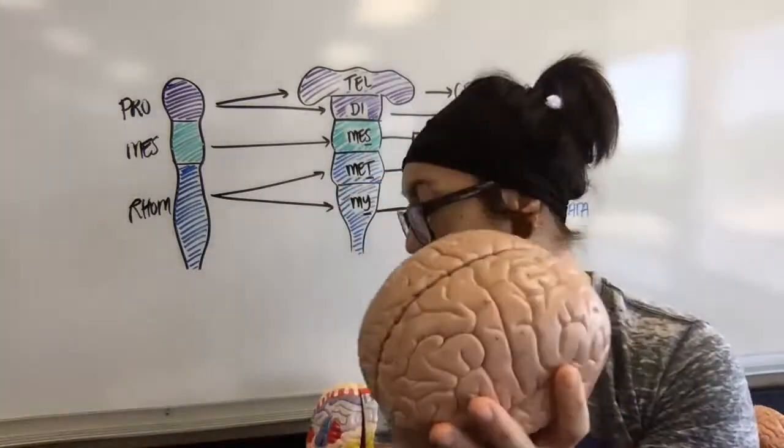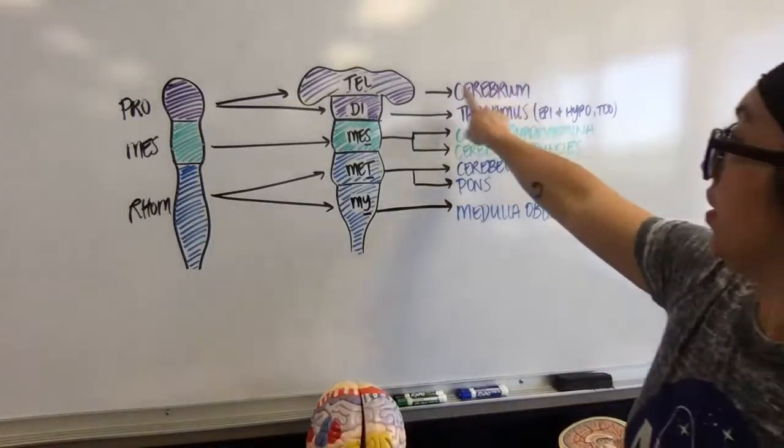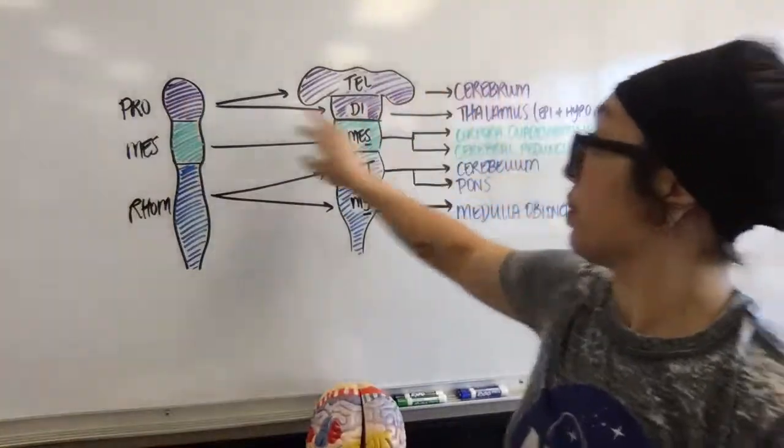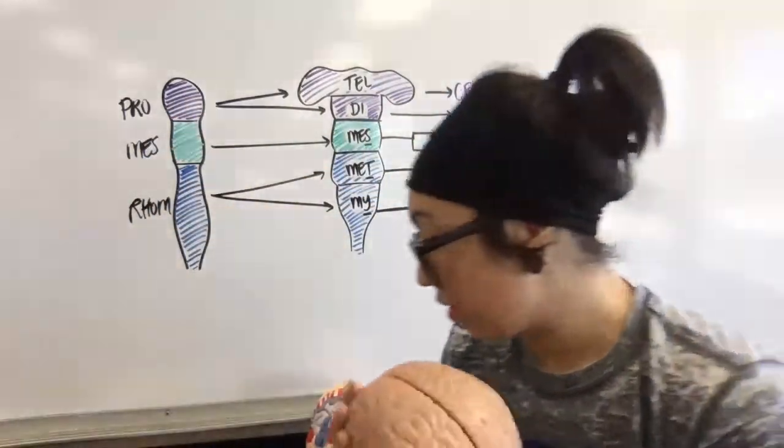So our first term here, we have again, the cerebrum. What did the cerebrum come from? The telencephalon, which really came from the prosencephalon. So if we were to follow this all the way back, we would say the cerebrum came from the prosencephalon, that first part of the primary vesicle.